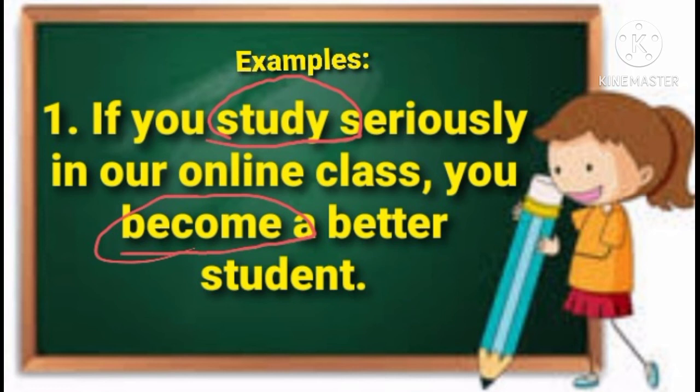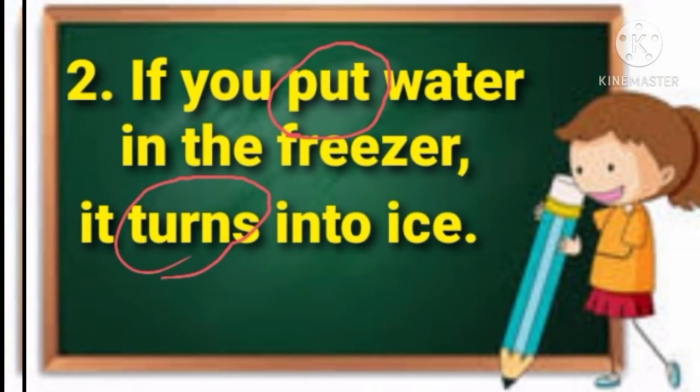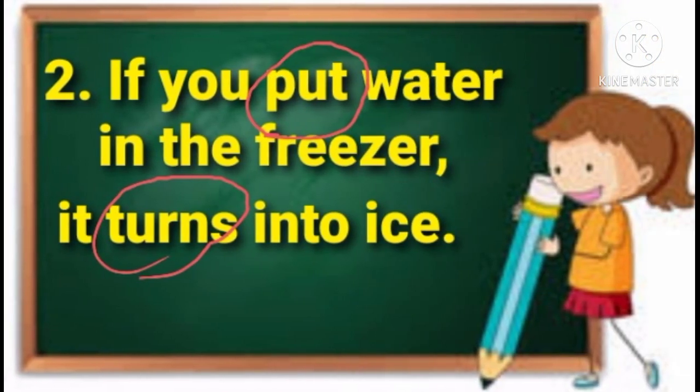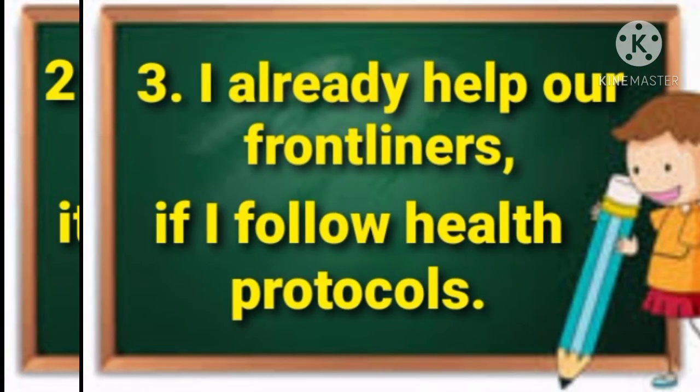We have study and then become, which are in the simple present tense. Number two, if you put water in the freezer, it turns into ice. The verbs used are put and then turns, which are both also in simple present tense.